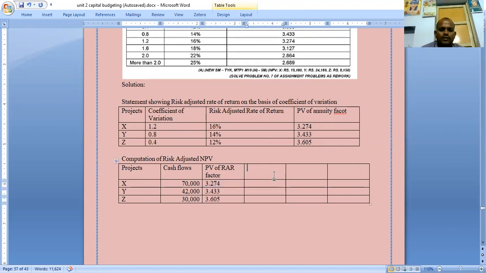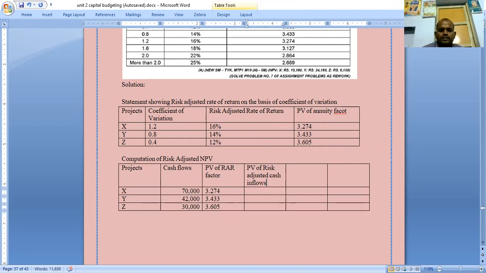Then we have to convert these cash flows into present value of cash flows. I just changed the name: present value of risk-adjusted cash inflows. So we have to multiply the 70,000 with 3.274 and the others respectively, so that we will get the PV of cash inflows.